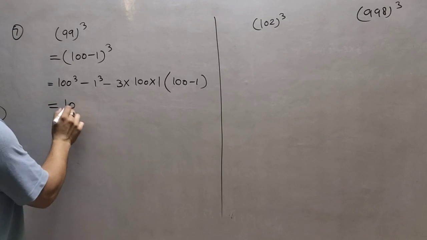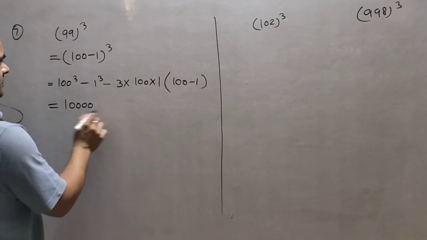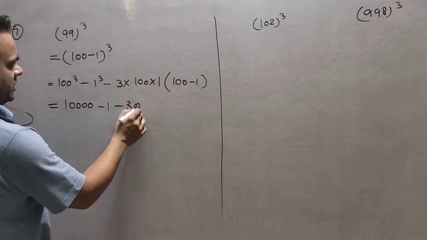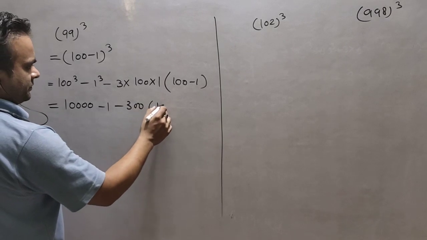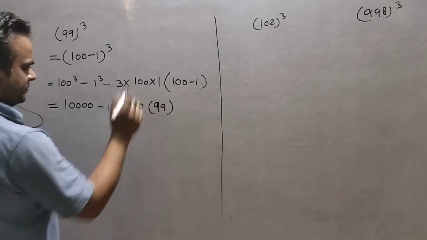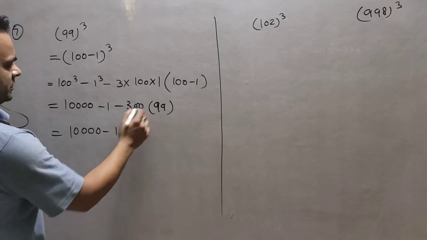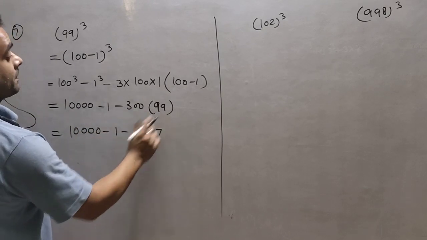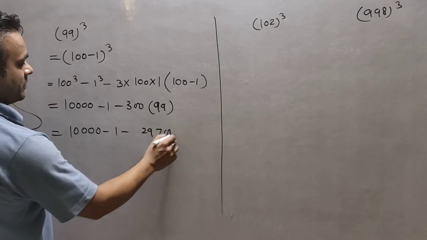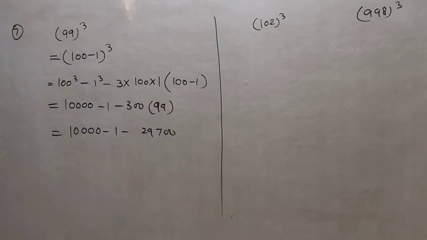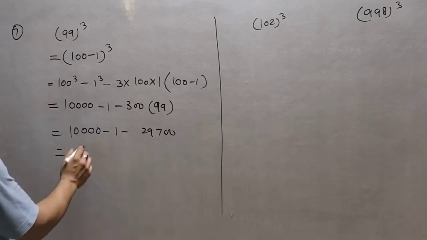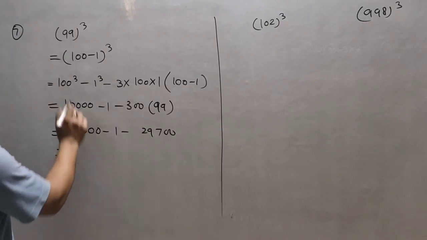So here 10,000 minus 1, it is 299. So it is 1,000,000 minus 1, it will be 29700, right? So the answer will be 1,000,000 is here. Oh, sorry.